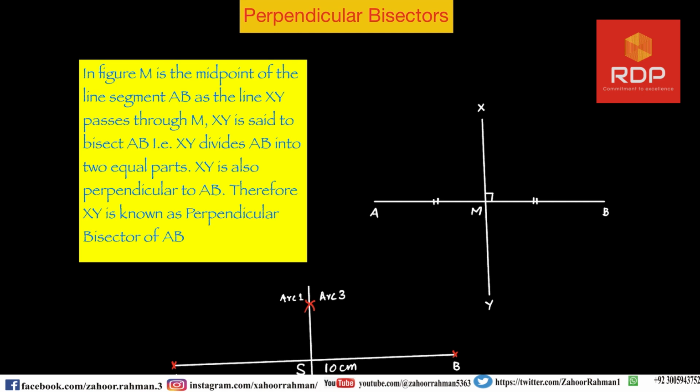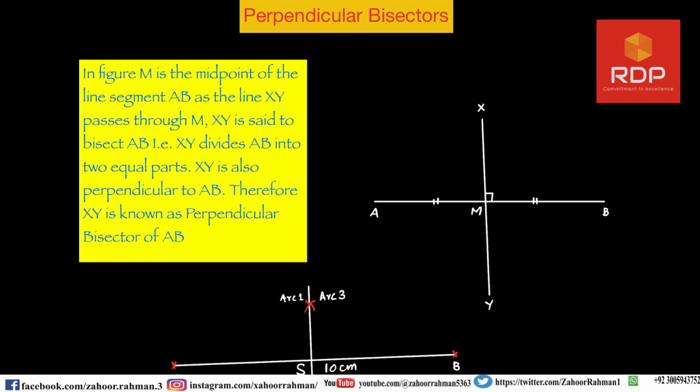As the line XY passes through M, XY is said to bisect AB. That is, XY divides AB into two equal parts. XY is also perpendicular to AB. Therefore, XY is known as the perpendicular bisector of AB.